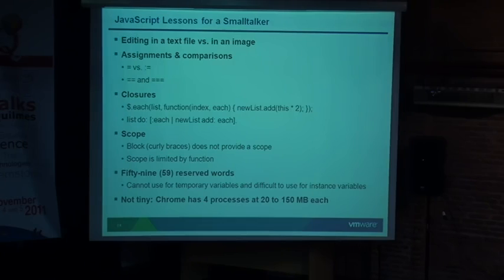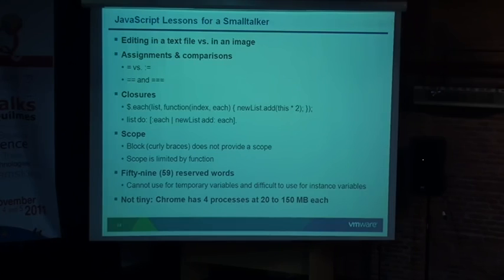Assignment versus comparison. JavaScript uses single equal for assignment, and double equal is the equivalence comparison, and triple equals is the equal or identical comparison. So a certain amount of changes there.